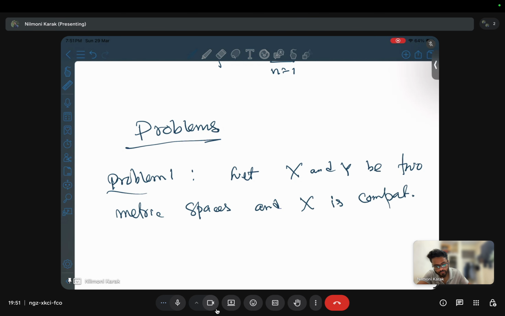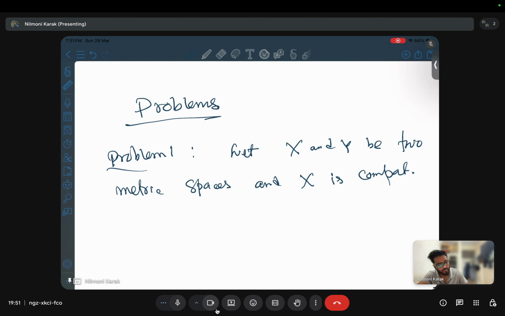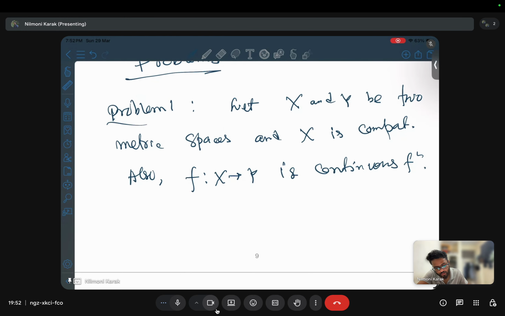Also f from X to Y is a continuous function. Then: one, f is open.